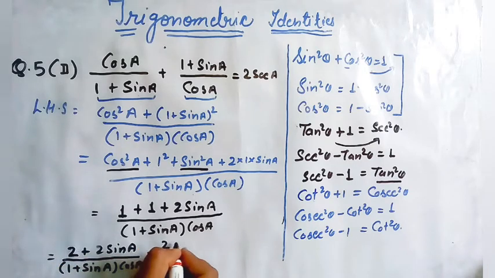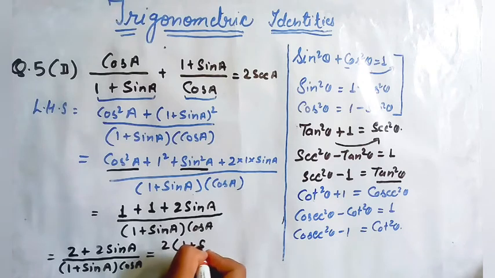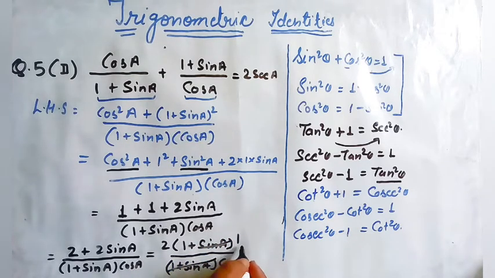Take it common. Inside we have 1 plus sin A, whole divided by 1 plus sin A, whole multiplied by cos A. So 1 plus sin A is cancelled with 1 plus sin A.